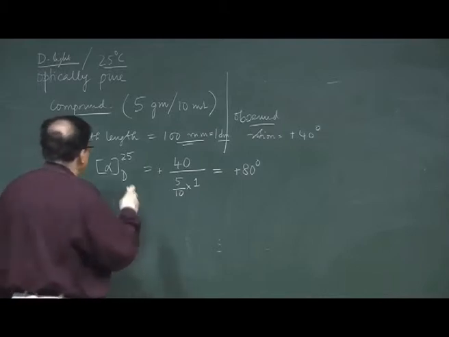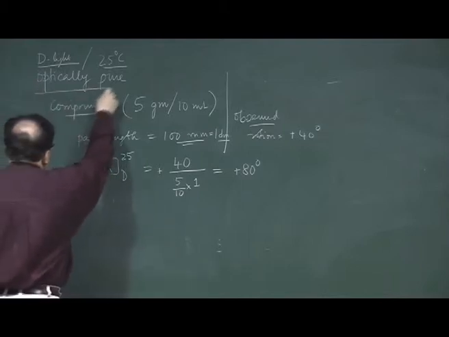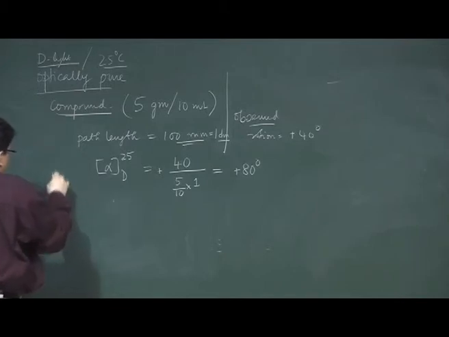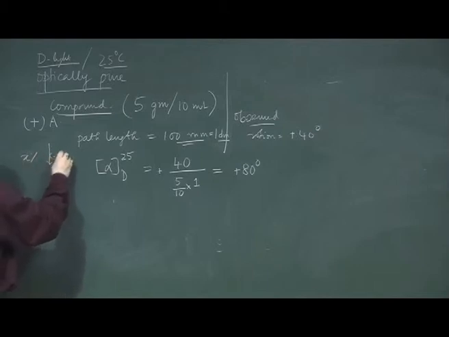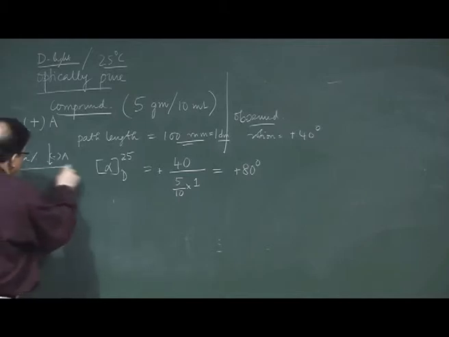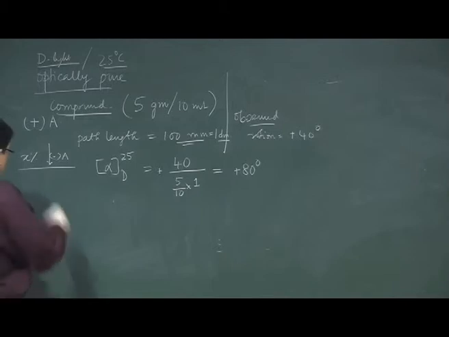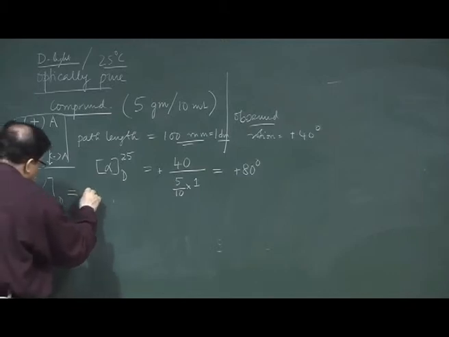Now, suppose to this optically pure compound, which I denote as plus A, I mix x% of minus A to this mixture, and then I measure the alpha D value, and I find that the alpha D of this mixture is plus 20 degree.